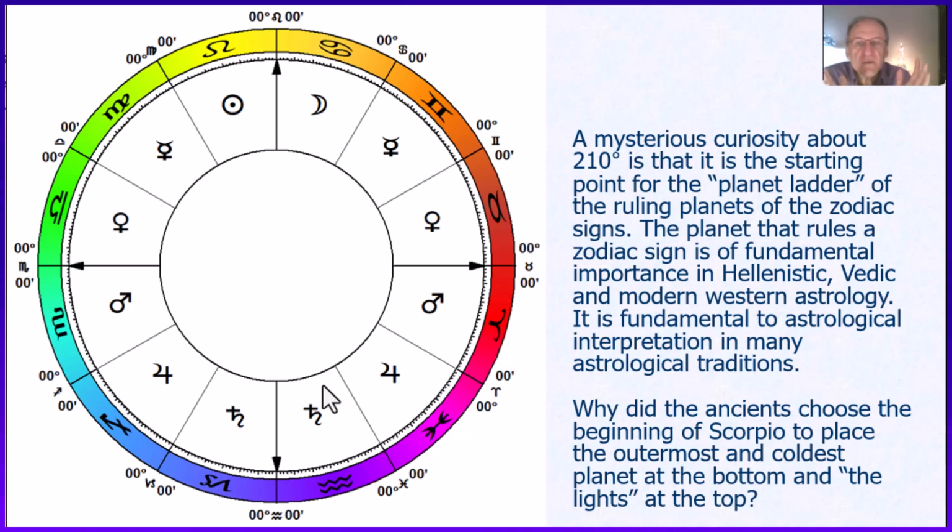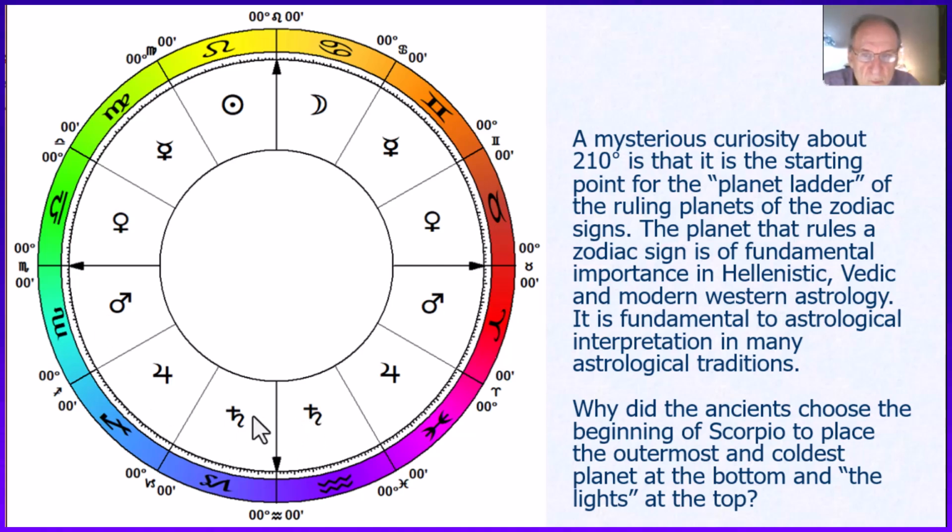And what they did is they built from the outermost, the slowest and coldest. Saturn was considered to be cold. It's way out, it's slow and far. From that Saturn, you move closer and closer up to the lights, the sun and moon at the top. Sometimes looked at like a ladder of evolution, like you're going up to the top. And using 210 as the starting point for the symmetry.